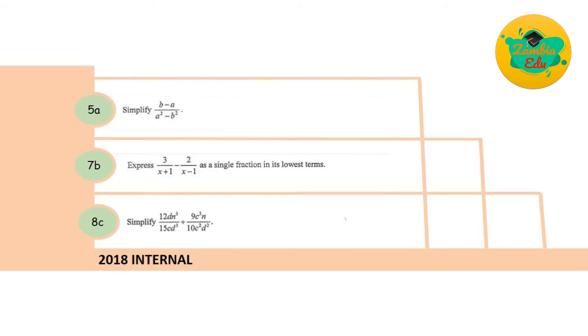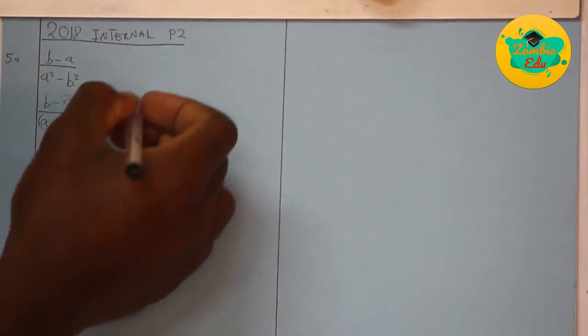The next question was question 7b, and question 7b said express 3 over x plus 1 minus 2 over x minus 1 as a single fraction in its lowest terms. So I'm going to write that.